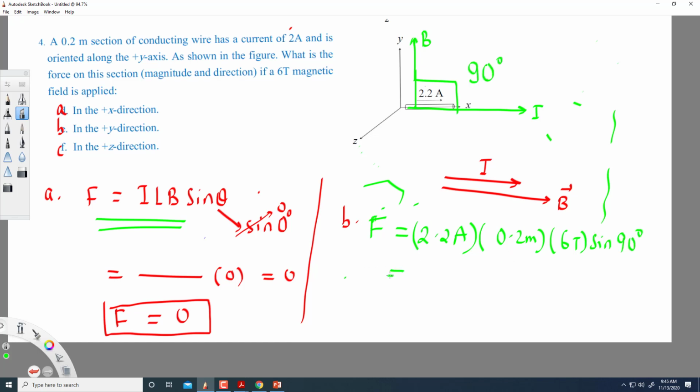Let's do that. The force is 2.64 Newton, and what's the direction? Out of page, or you can also say out of page means positive z.